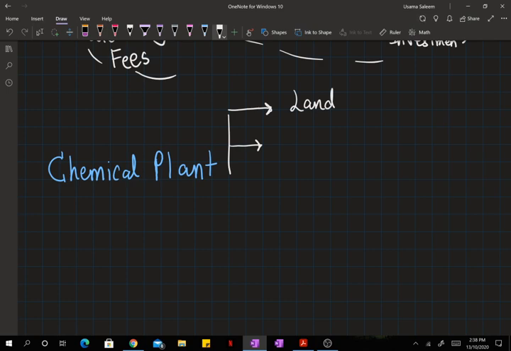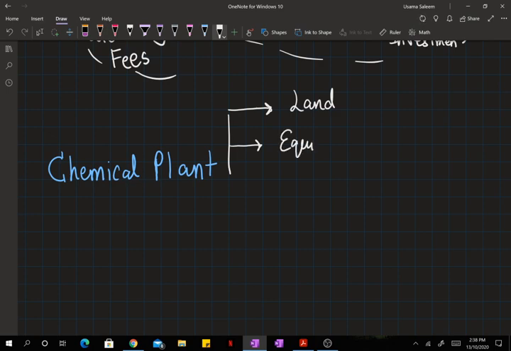And for chemical plants, a lot of land is required. If you look at Dow plants or any of the oil and gas plants, they're usually away from cities because you need a good amount of space. So for safety and all that. So yeah, land, we're gonna purchase that.